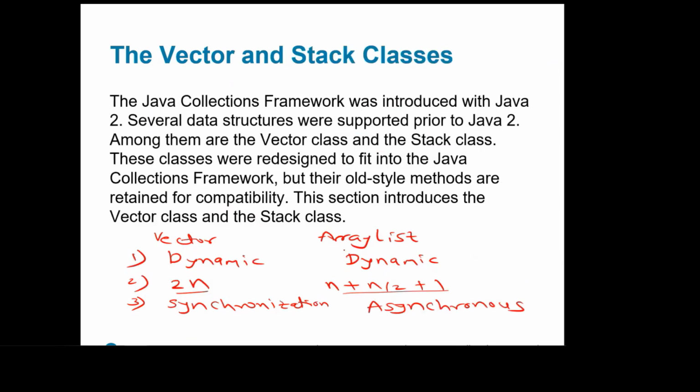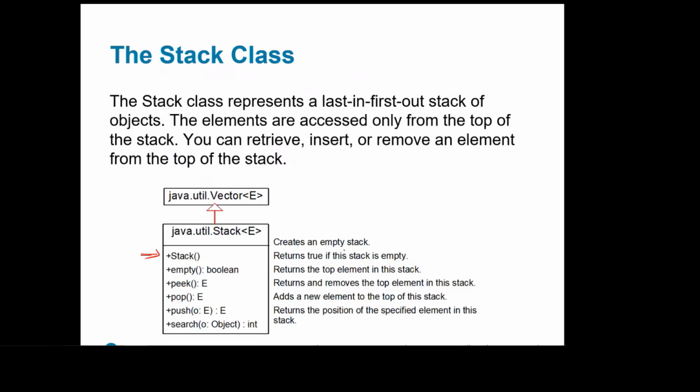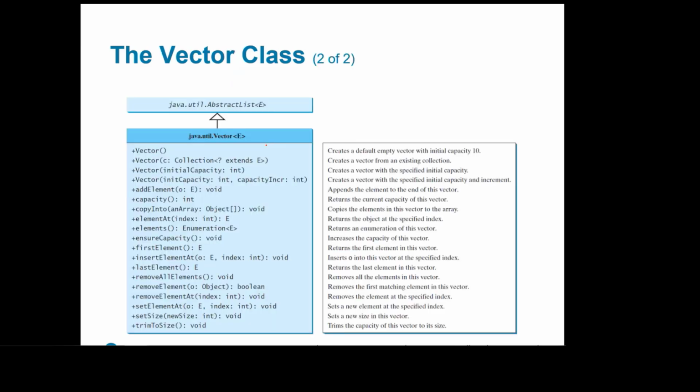That is the difference between peek and pop. Push is to push an element onto the stack, and search returns the position of the specified element in the stack. So we have very limited functionalities out of the functions that a vector has, because of the last in, first out structure of the stack.